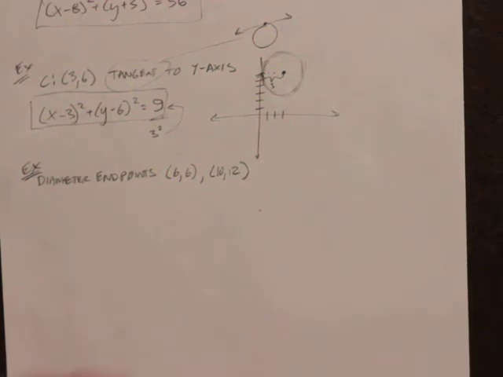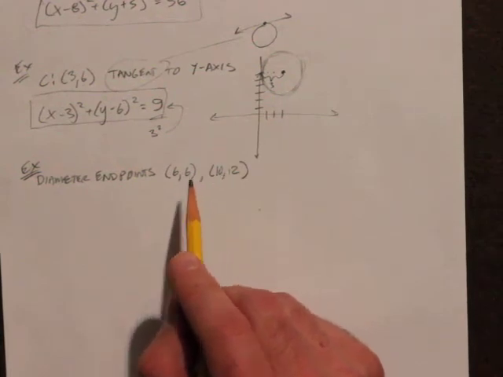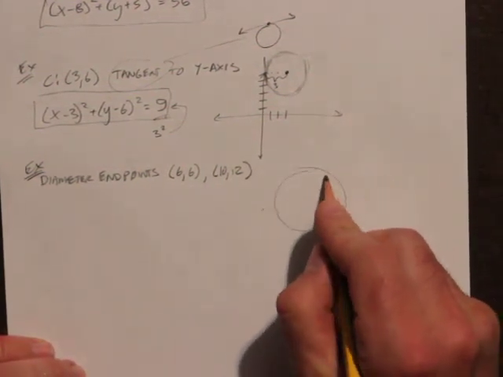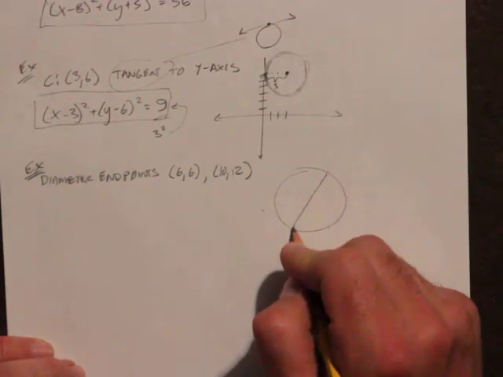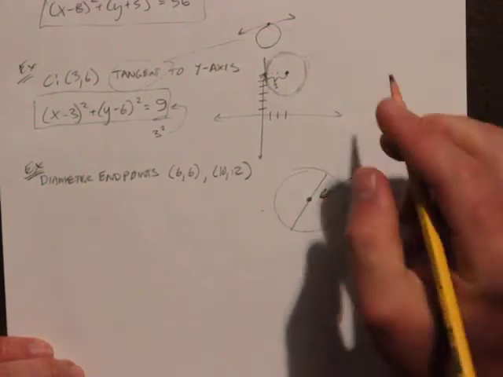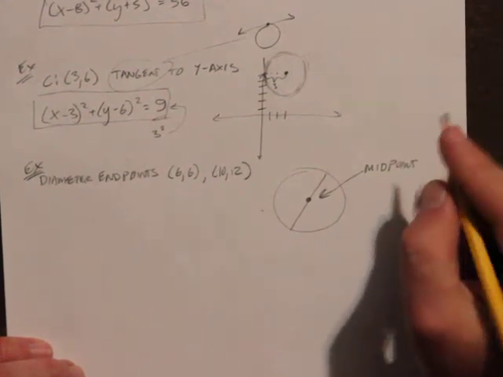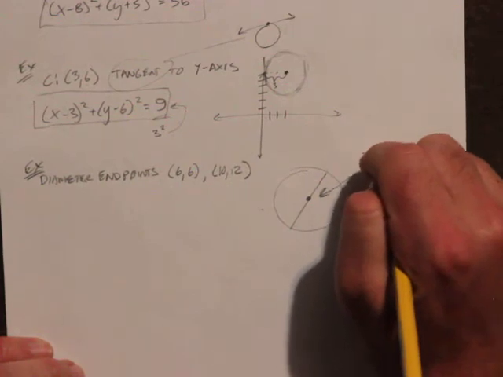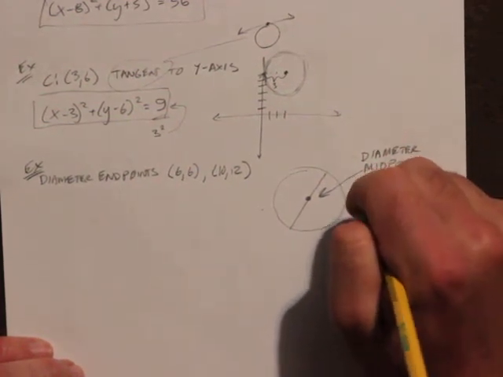So we've got to find the midpoint between these two. So if I have a circle, and if I have a diameter, even if it's this way, the midpoint of that diameter is going to be the center of my circle, right? So the diameter midpoint is the center.